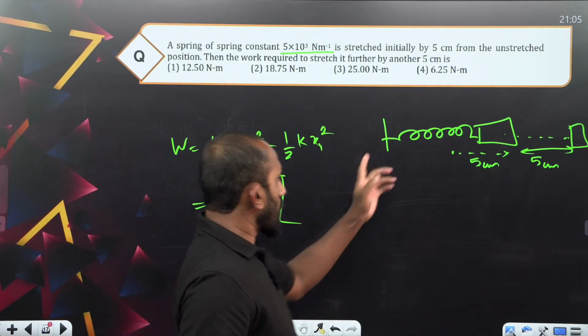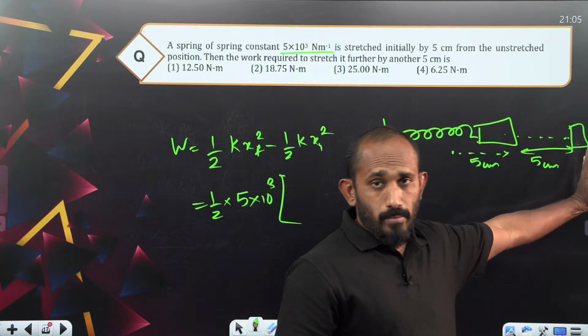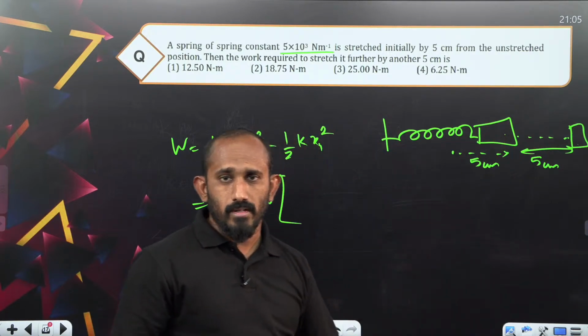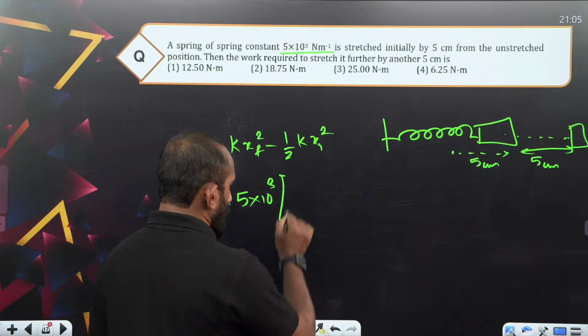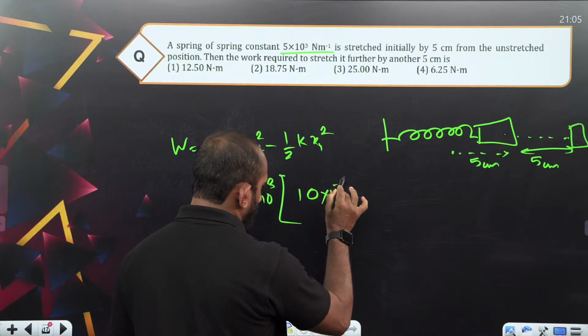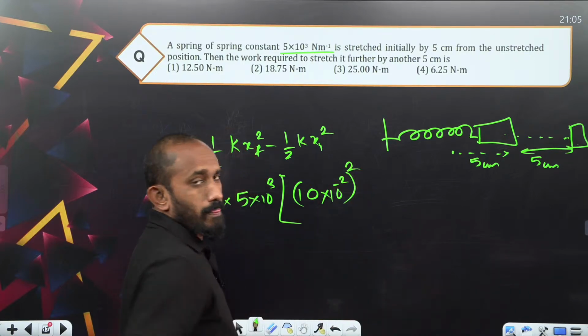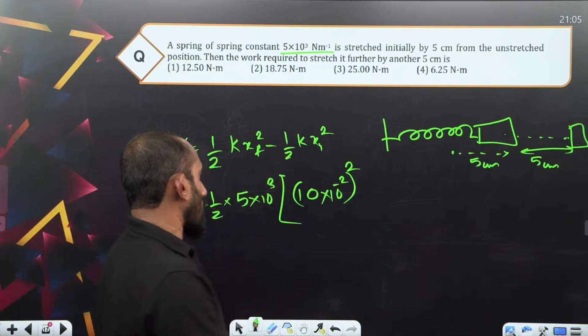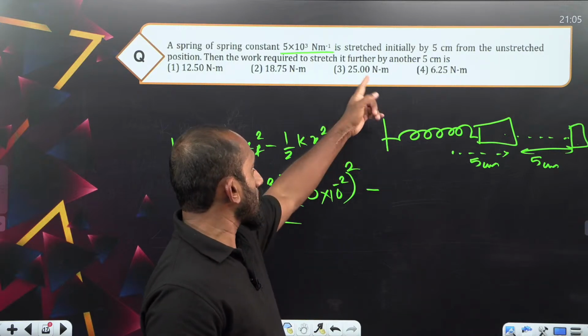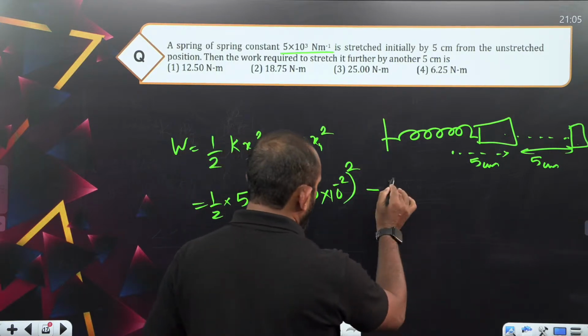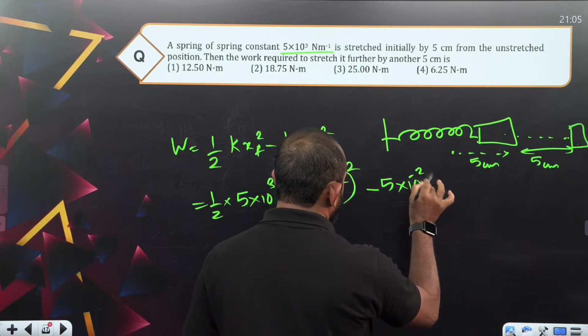See here, it is stretched by a total of 10 centimeter, initially 5 centimeter. So 10 into 10 raised to minus 2, the square, that is x_f square, minus x_i square, where initially it is 5 centimeter, that is 5 into 10 raised to minus 2, the square.